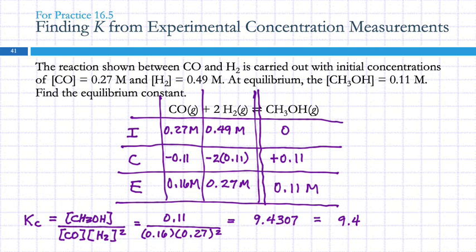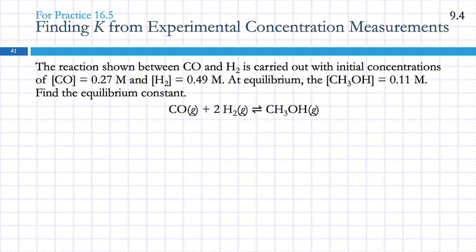We're not going to get too hung up on stuff like that. So we're going to call this 9.4. There will be no questions on the exam that ask you how many sig figs that should have or make you choose between 9.43 and 9.4 and 9. Not going to do that. Okay. 9.4.